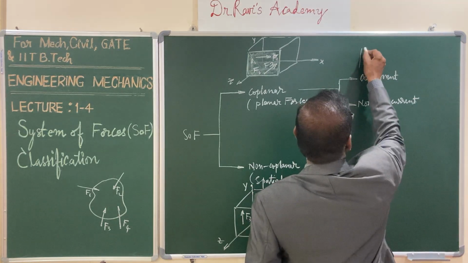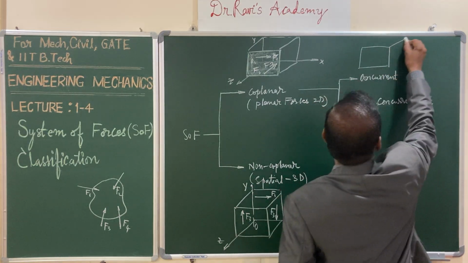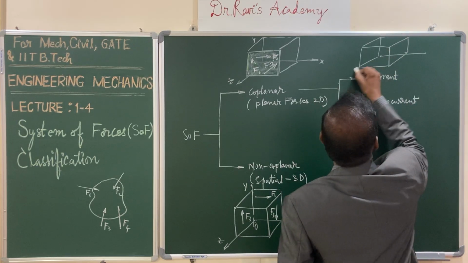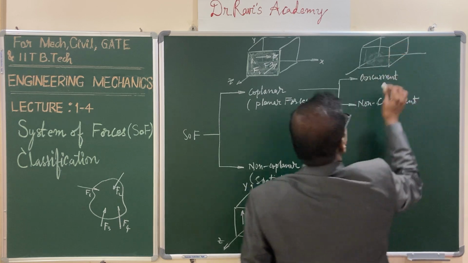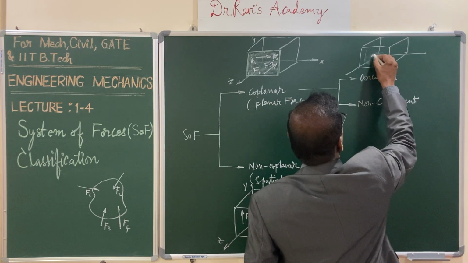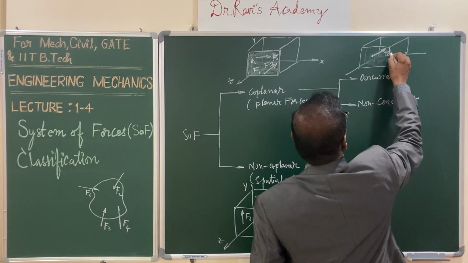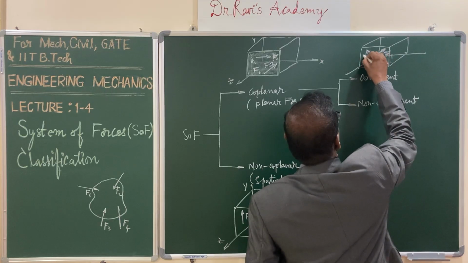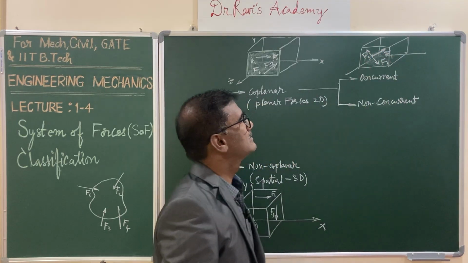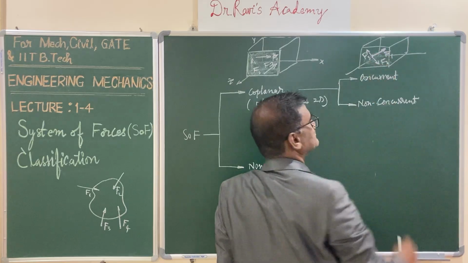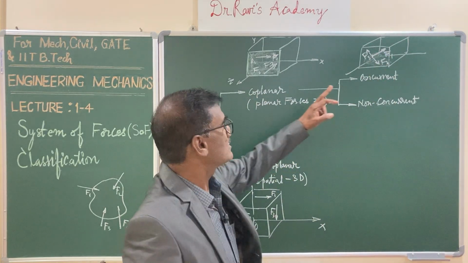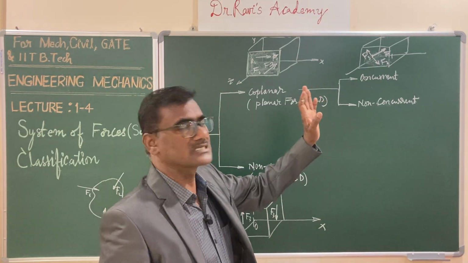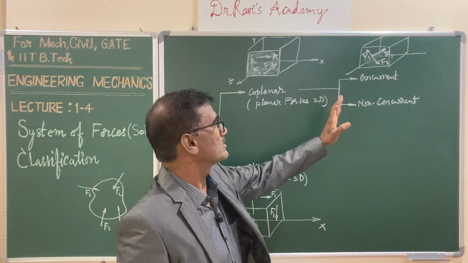If you consider three-dimensional space again, this is my plane of reference, and all are meeting at a point. Let me take the point of concurrency like this: F1, F2, and F3. You have three forces and all three are meeting at a point. That means in coplanar concurrent forces, all the forces are lying in a single plane and meeting at a single point.